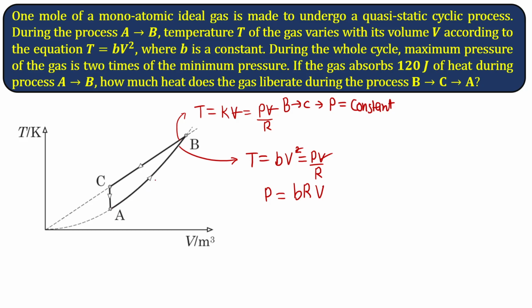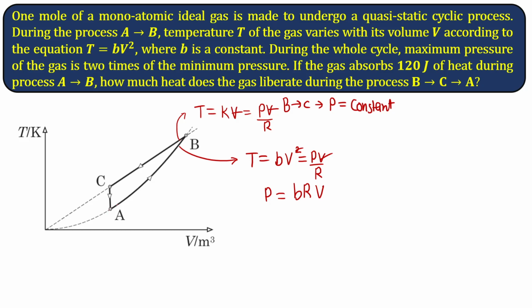Again, we can see here that pressure is increasing linearly with the volume. So in this process A to B, as the volume is increasing from A to B, pressure is also increasing. From B to C, the pressure will remain constant, and from C to A, you can see that this is an isochoric cooling, so of course the pressure will be decreasing. So if we have to select the two points where pressure will be maximum and minimum, that is very easy to say.